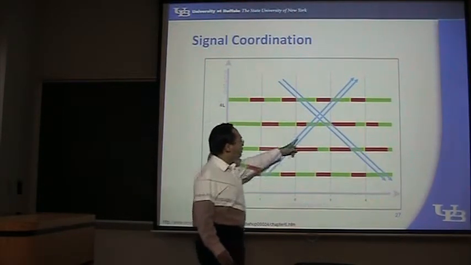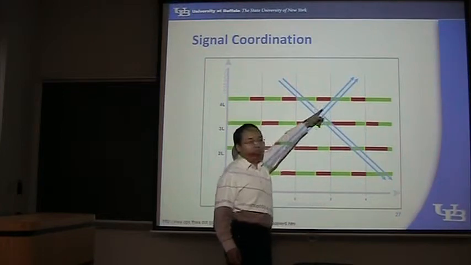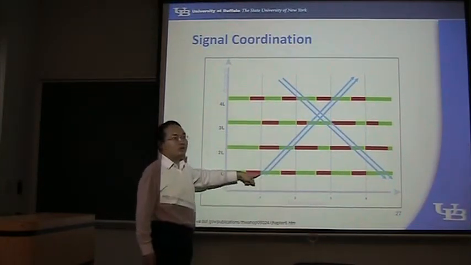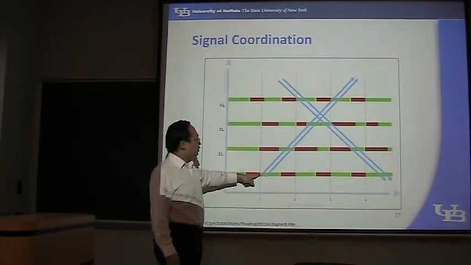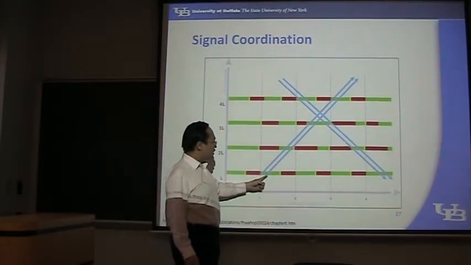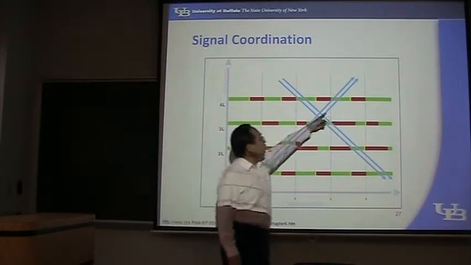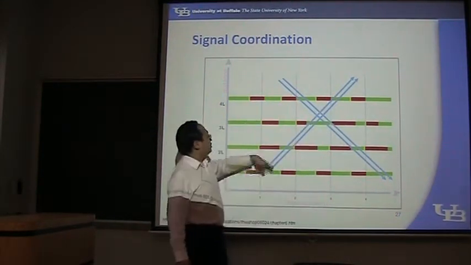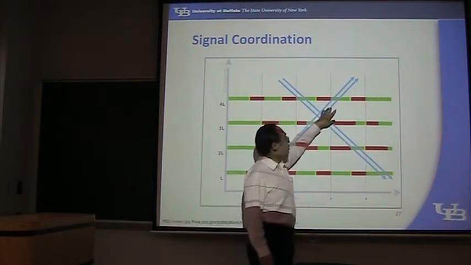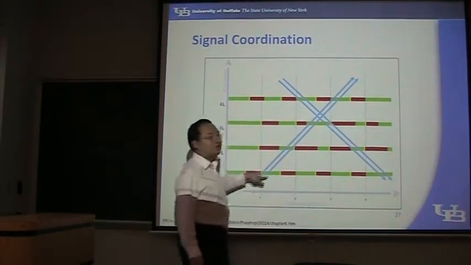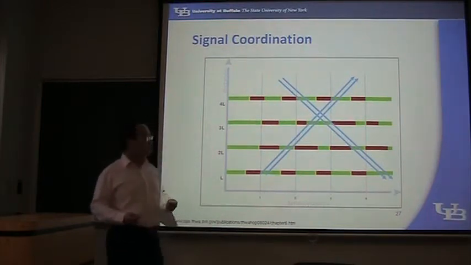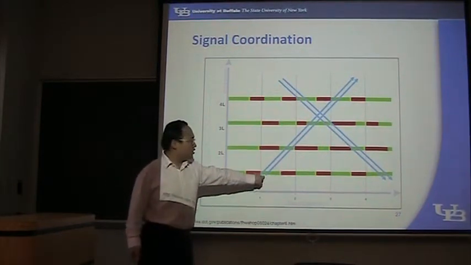And then he can travel because he doesn't see any red on his way. And if a driver starts at this time, he can also pass all these 4 intersections without any stopping. And this width is called the bandwidth.